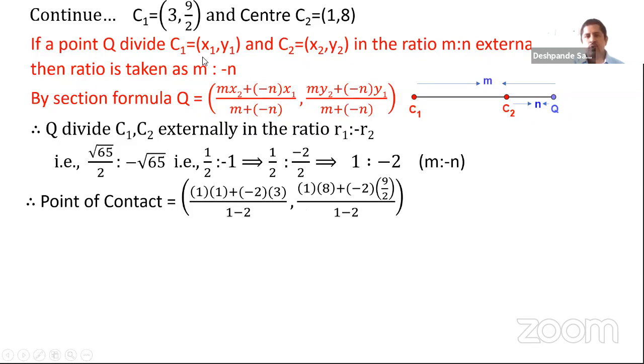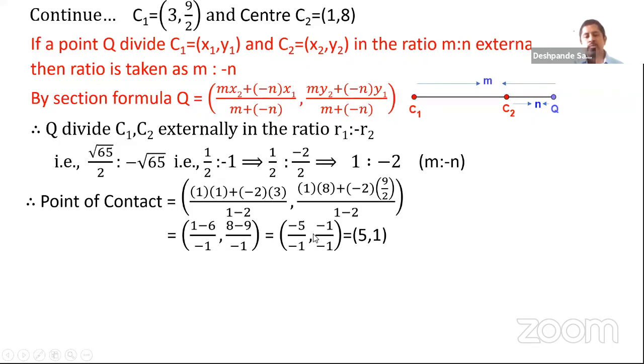Likewise, y values: M y2 is 8 plus minus 2 into y1. y1 is 9 by 2, divided by 1 minus 2. So you can cancel this 2 and 2 here. You get 1 minus 6, which is minus 5, by minus 1. Then 8 minus 9 is minus 1, by minus 1. So minus 5 by minus 1, and minus 1 by minus 1. So you got the point as 5, 1.